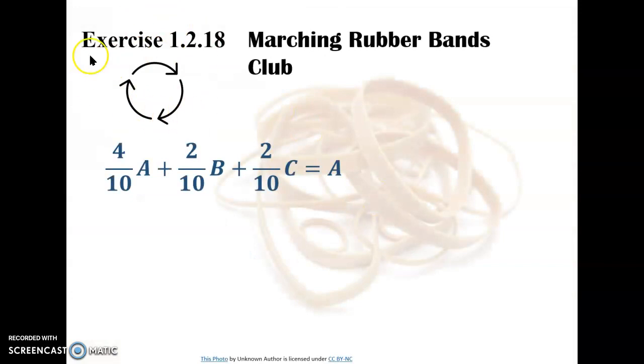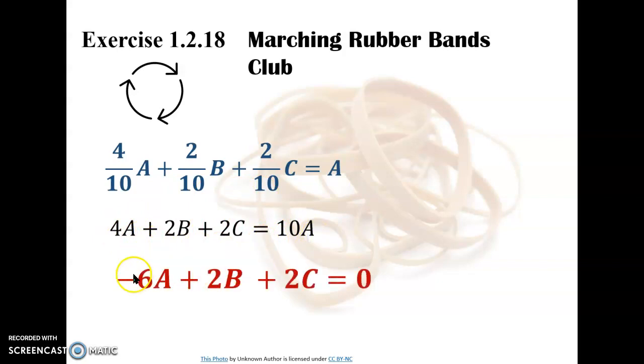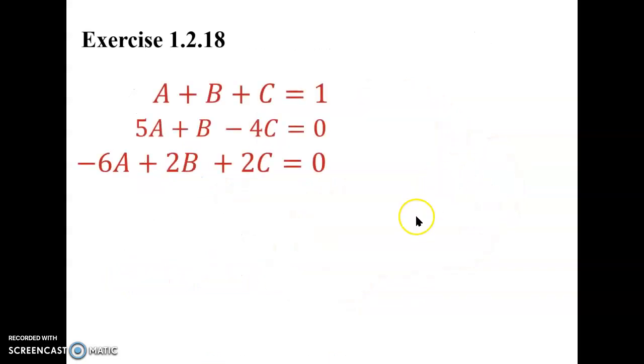If I do the same method with the other club, multiply by 10, and combine like terms, I get negative 6a plus 2b plus 2c equals 0. So that gives me 3 equations.